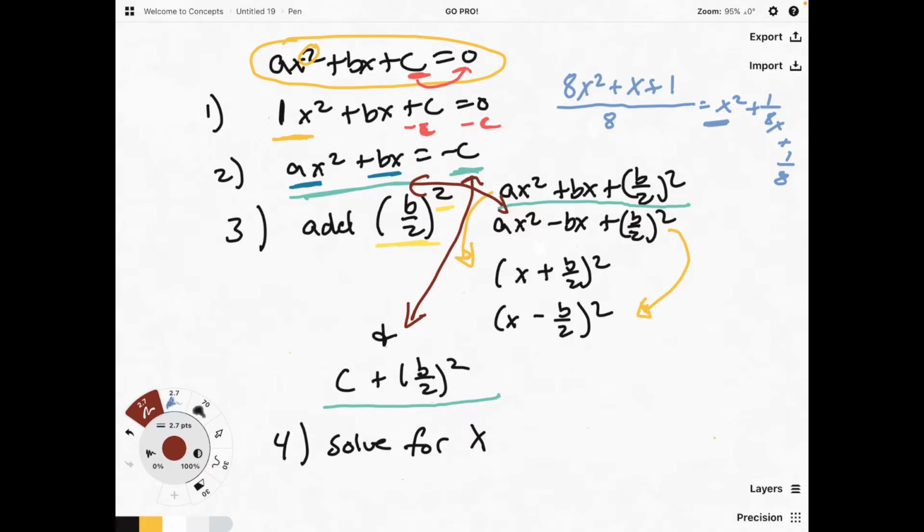So in this case, we would have plus b divided by 2 squared, same as what we had up here, and then you're also going to do the same on the right side, which is c plus b divided by 2 squared. And then after we've completed step 3, which is completing the square, we're going to go to step 4, which is solve for x. Now this might seem a little complicated, but let's put a couple numbers to it and I'll show you how easy it is.